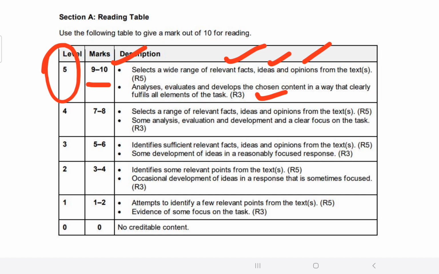Here comes the format, right? They are saying that you must be able to analyze, evaluate. That is this analysis and this evaluation and this development. It is those two bullet points that evaluate the ideas, and second was give your own opinion. So this is that, and then all elements of the task.